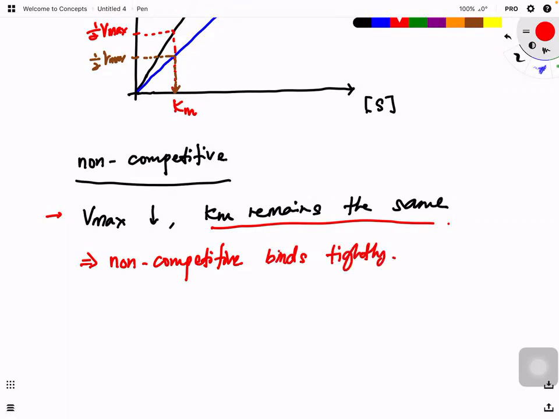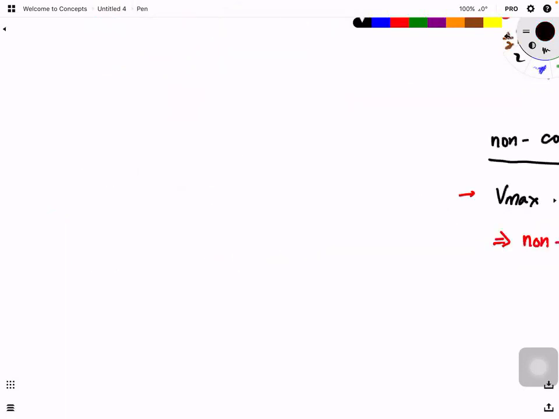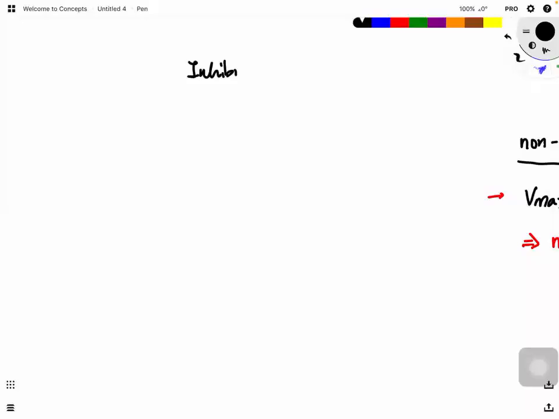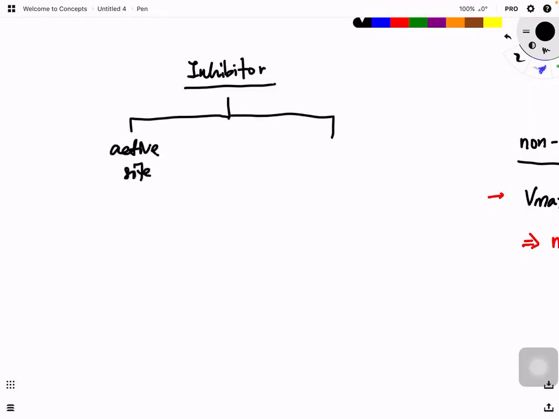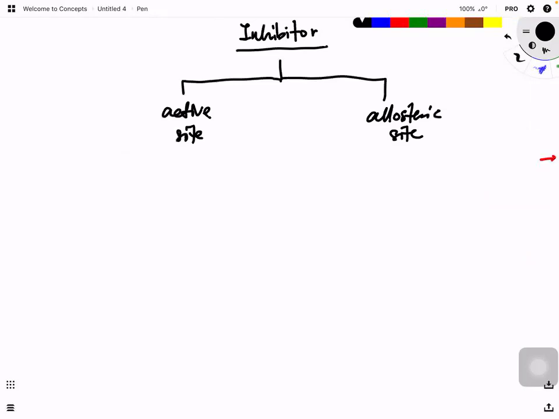Again, guys, students are always confused because we have four different kinds of interactions. The inhibitor can bind to the active site or bind to the allosteric site. Please follow. When it binds to the active site, it can bind briefly, or it can bind tightly.